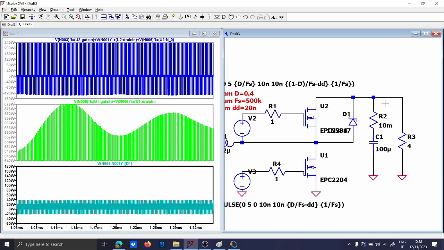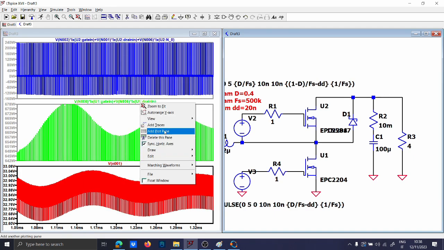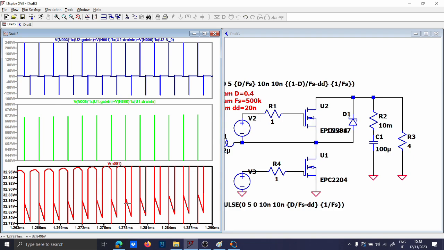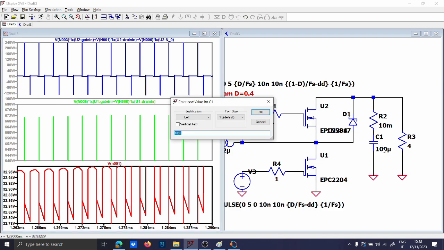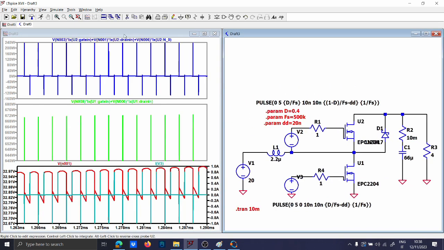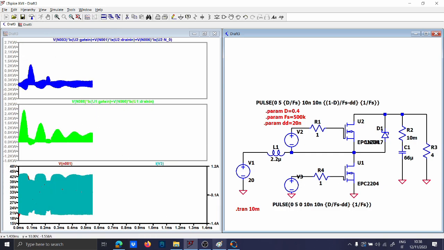So let me check the output voltage. How is it? The output voltage is fairly good. So let's reduce this a bit, 66, and let's increase the transient a little bit. We have to make sure that we aren't in the transient, so we can calculate this.